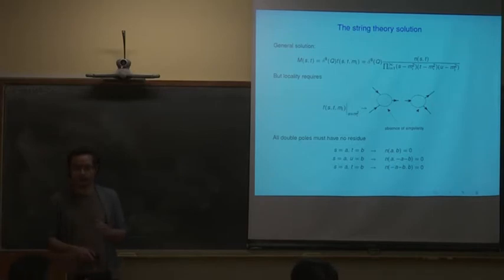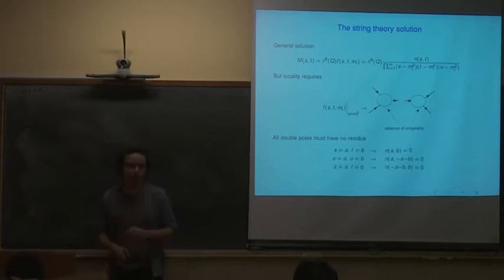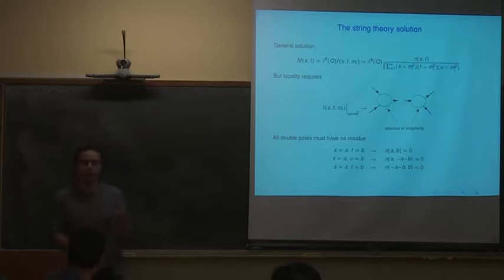So it's a polynomial of some fixed degree. So I am actually making a further assumption, which is that there are no essential singularities. At any given mass, there are no more than a finite number of spins. So this function doesn't have essential singularities.